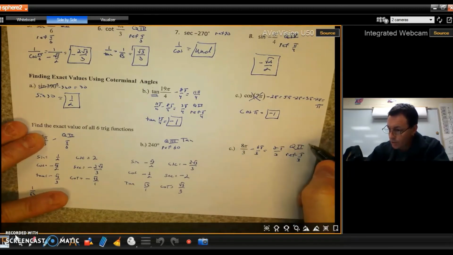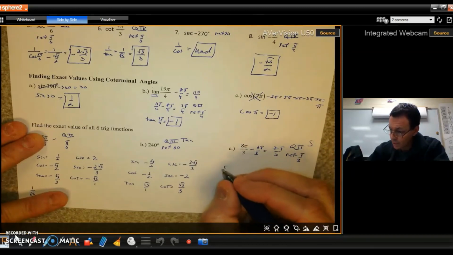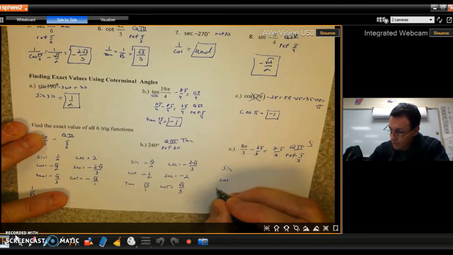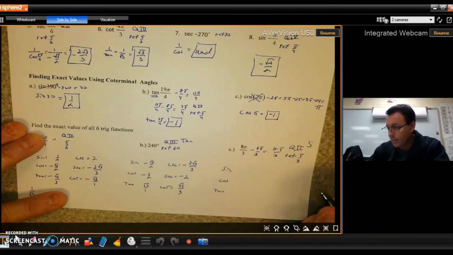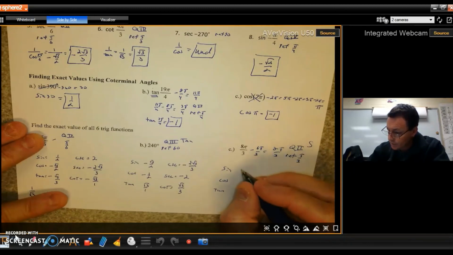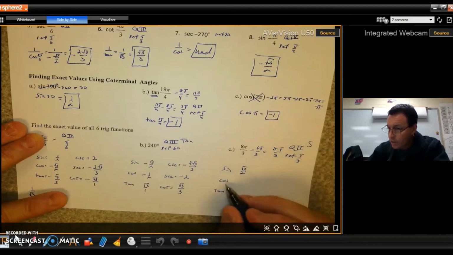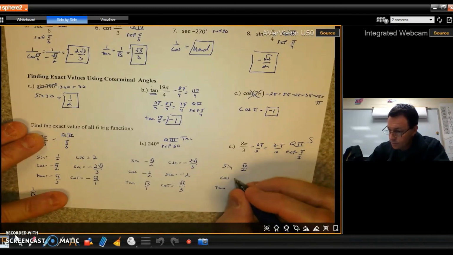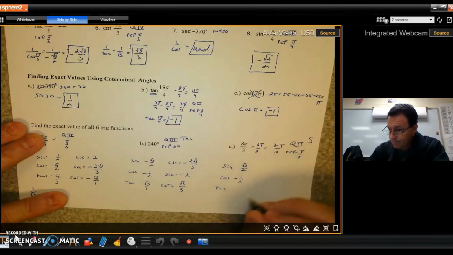So, quadrant 2, that's the quadrant where sine is positive, the other two are negative. So sine, cosine, tangent of this 2 pi over 3. Go look at my chart. The sine is going to be radical 3 over 2. Cosine is going to be 1 over 2, but it's going to be negative. And the tangent is going to be radical 3, but it's also going to be negative.